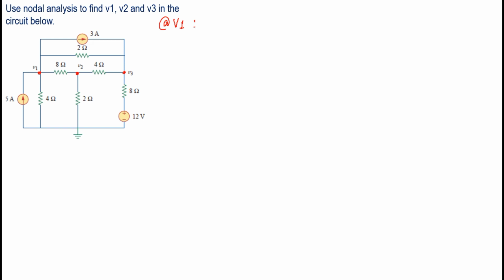So, at node V1, you're going to look for the resistors that are connected with this node. And we have here 4, 8, and 2. Therefore, this will be V1 times 1 over 4 plus 1 over 8 plus 1 over 2.